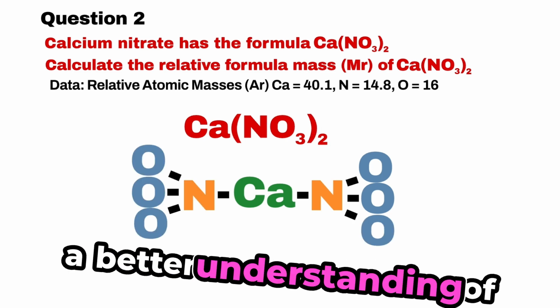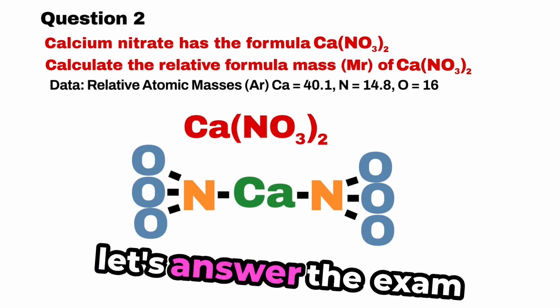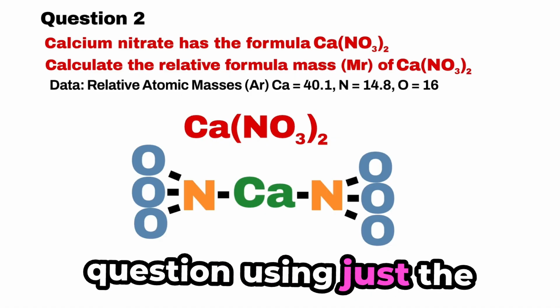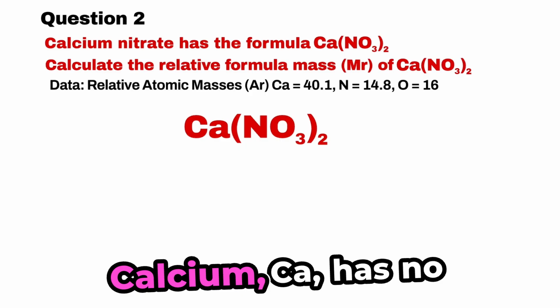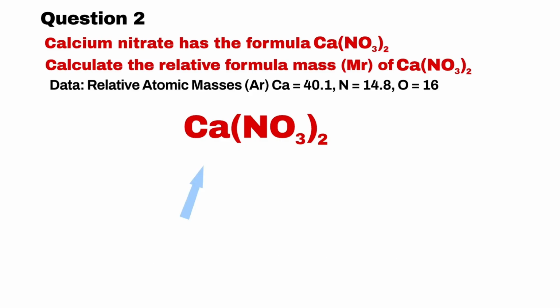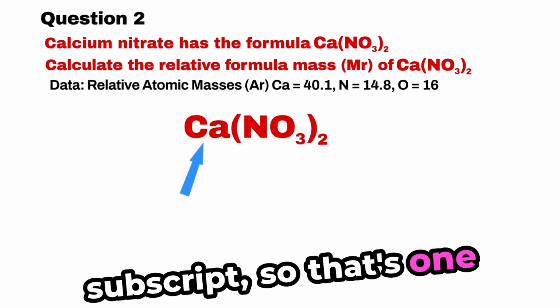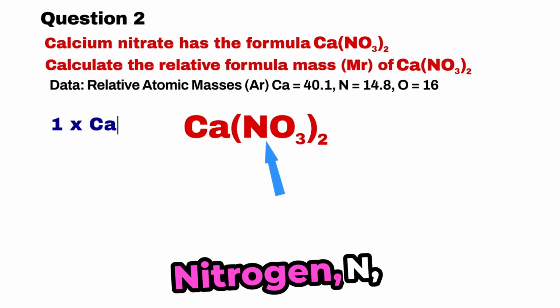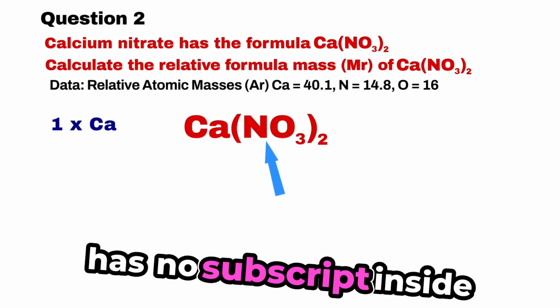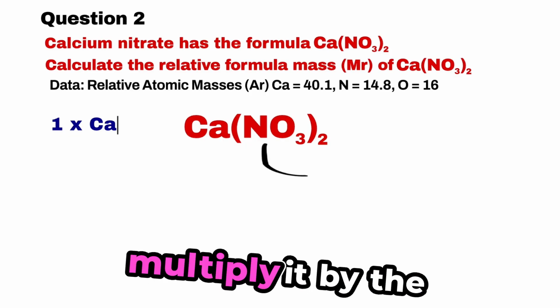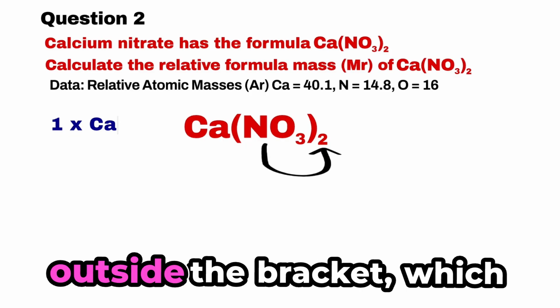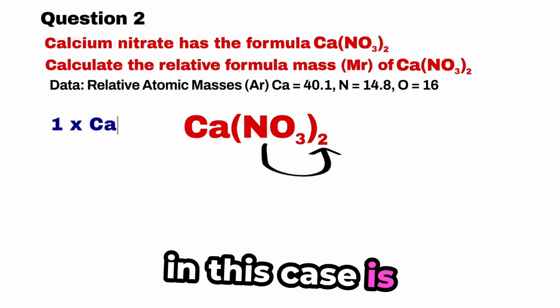Now that you have a better understanding of subscripts, let's answer the exam question using just the formula and some very simple maths. Calcium, Ca, has no subscript, so that's 1 Ca. Nitrogen, N, has no subscript inside the bracket, which is 1, but we have to multiply it by the number outside the bracket, which in this case is 2.